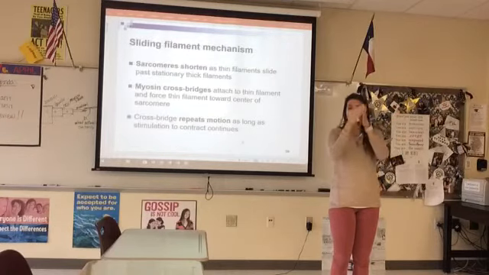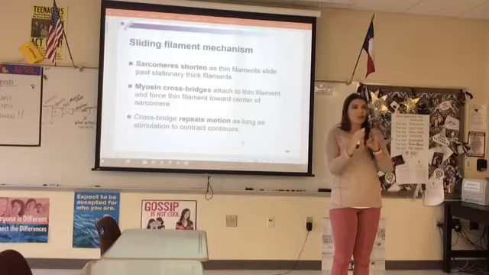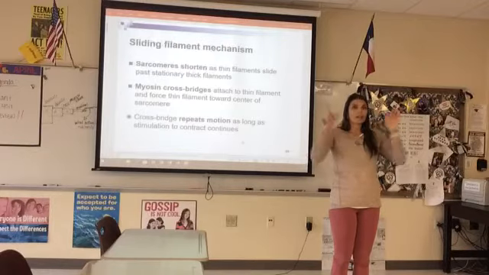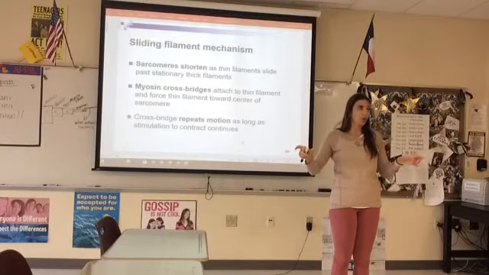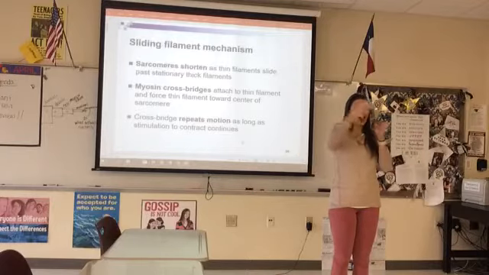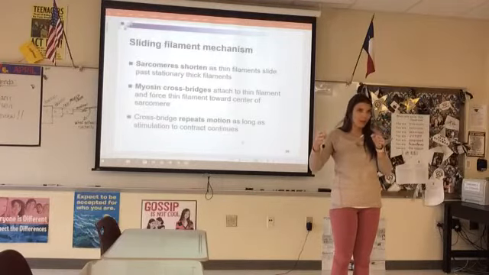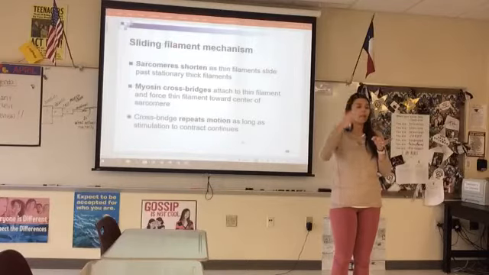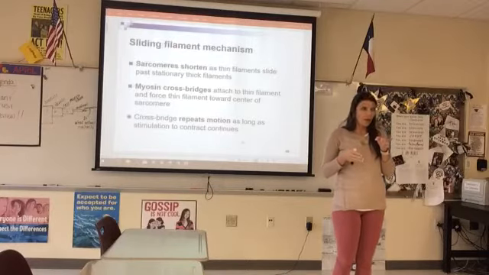The thick filaments are anchored in the middle at the M-line. The H zone is where there's only thick. The I band is where there's only thin. The A band is where there's overlap between thick and thin filaments. The M line is the very middle of that sarcomere.